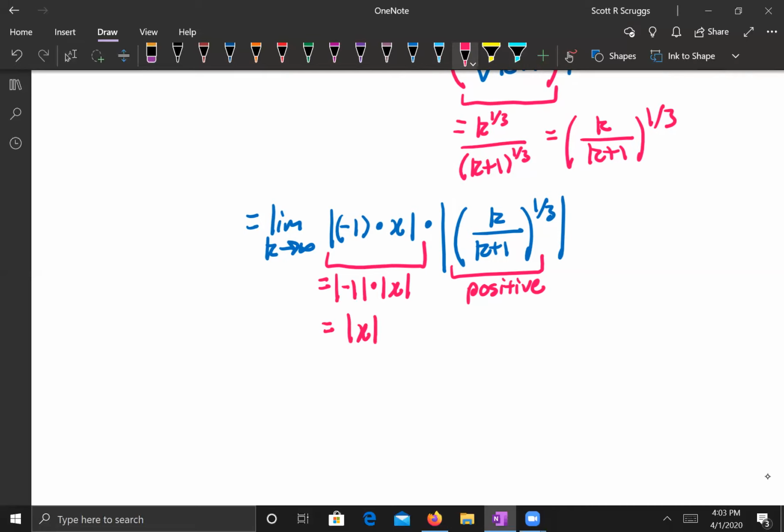Now, I'm not getting rid of the absolute value of x because I don't know which interval x is in.